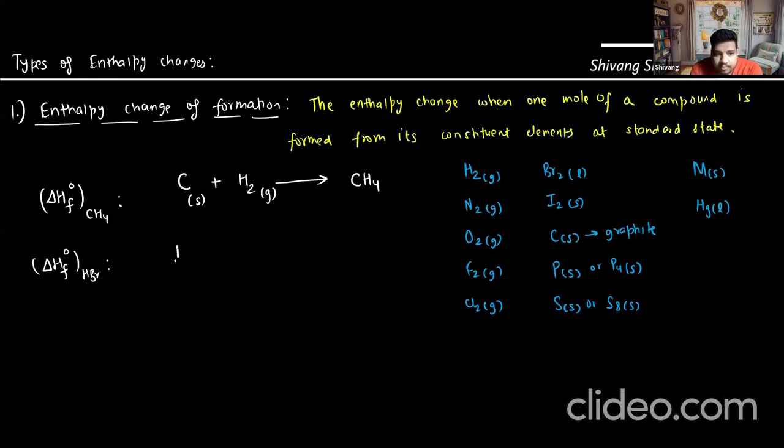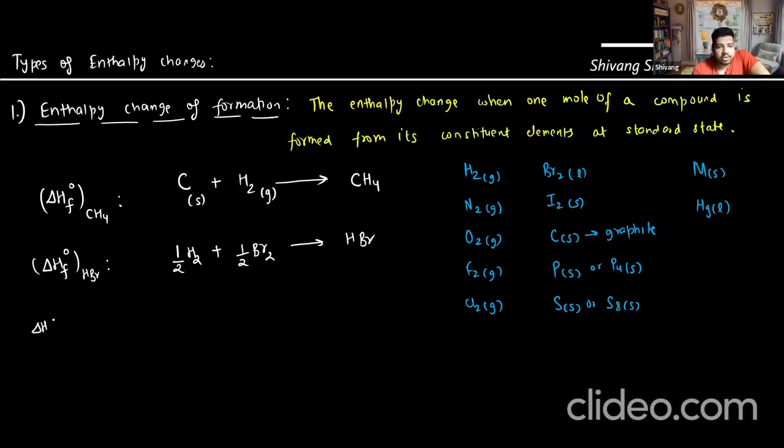So it becomes half H2 plus half Br2 gives you HBr. Why did we do half H2 and half Br2? Because the product side has to be 1 mole, and then we have to balance it on the reactant side. We can't do anything on the product side. That's why we're doing it this way.